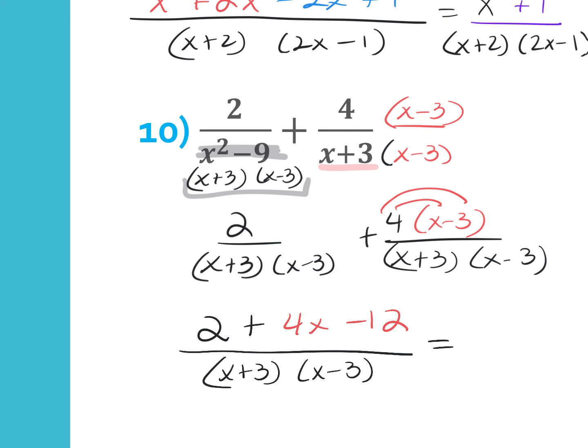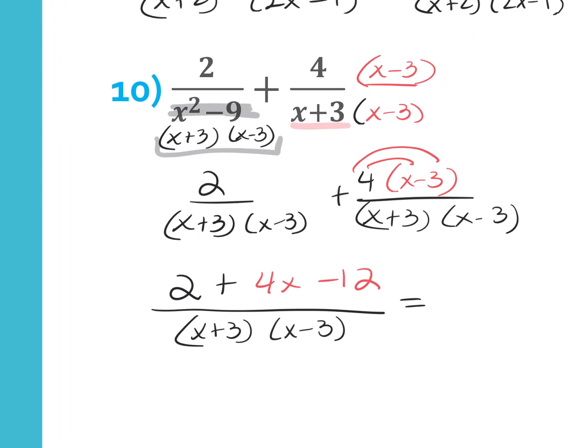I now need to combine like terms in that numerator. Only thing I can combine are the constants. So I'm going to be left with 4x minus 10. And then that's over the x plus 3, x minus 3.